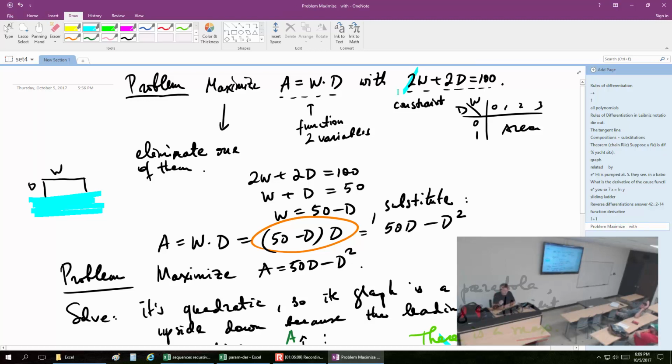Okay, so then when we substitute, our function becomes A is equal to 100 minus 2d times d, right? Or 100d minus 2d squared.